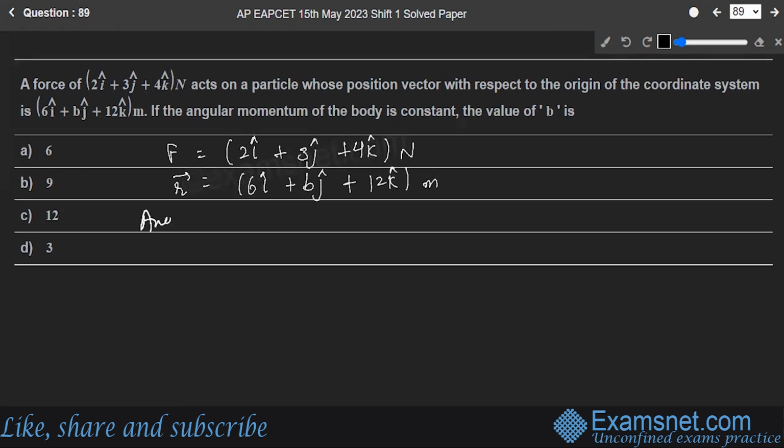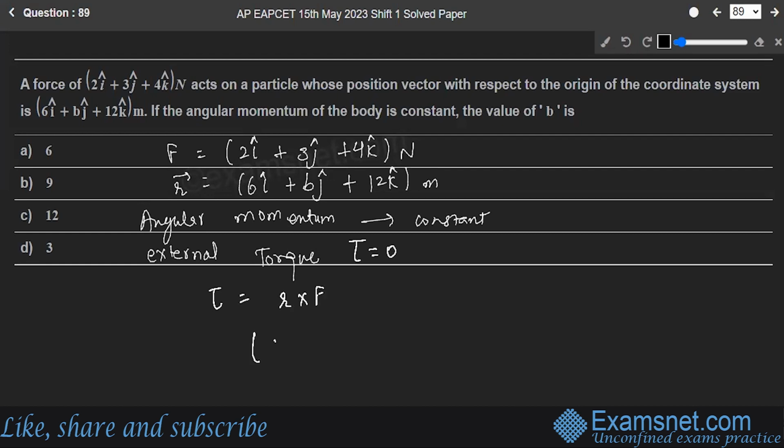So the torque is given by r cross F. So you have this vector as 6i plus bj plus 12k cross with 2i plus 3j and 4k.